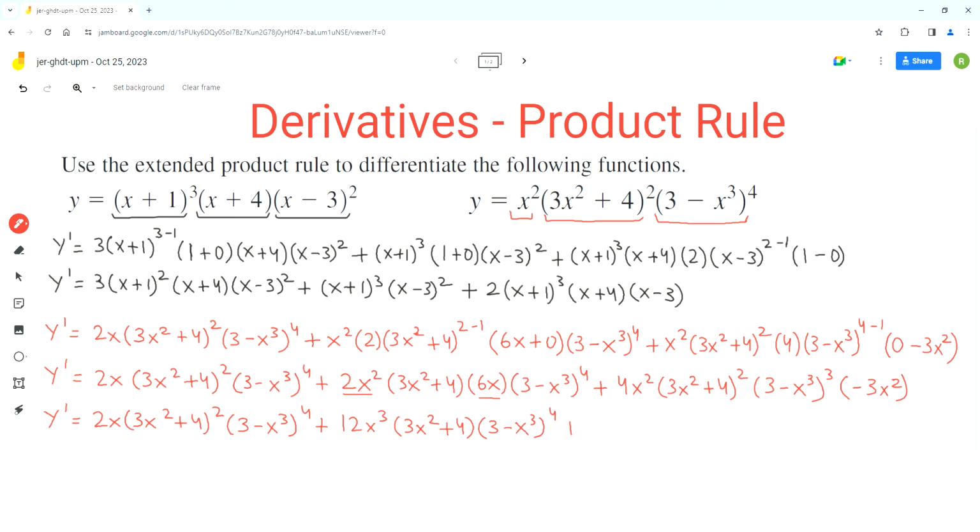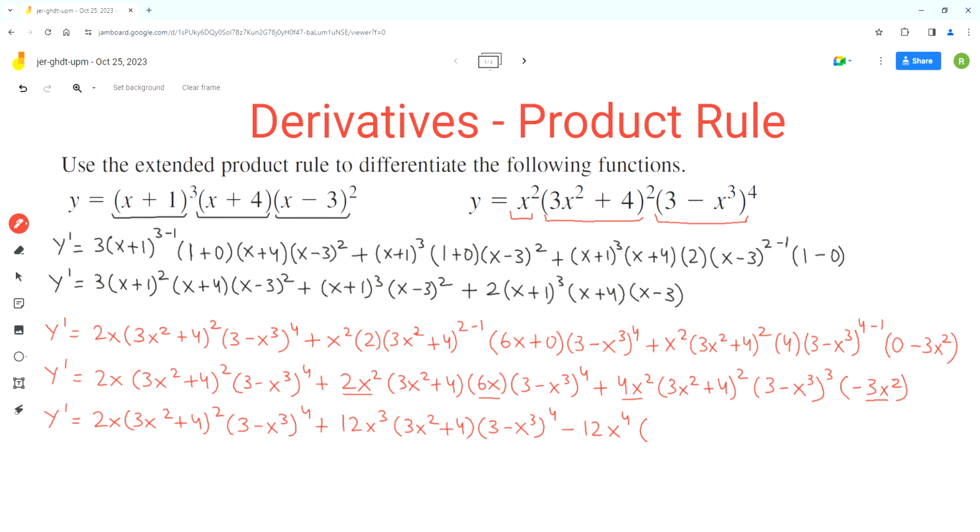plus, now here the sign of the third term will change because we'll have to multiply 4x squared by negative 3x squared. So we'll get negative 12x exponent 4.